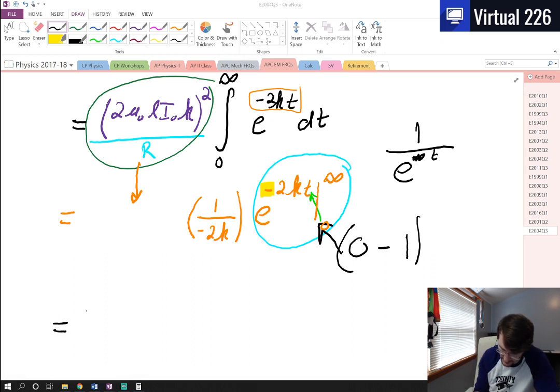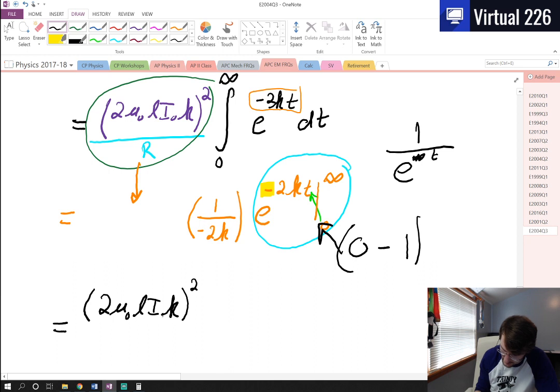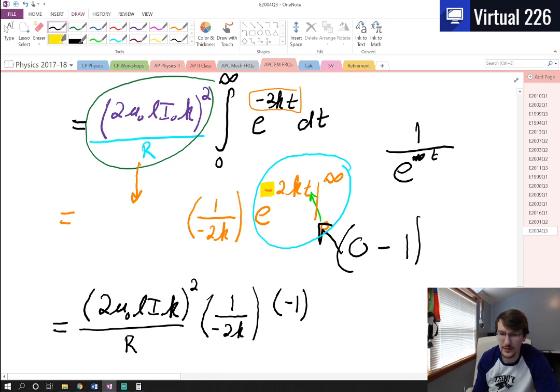And I can just write this all out. The graders don't mind. I get a 2 mu naught L I K, all quantity squared, over r, times the 1 over negative 2k, and then times negative 1. Whew. If you wanted to reduce this, we can.